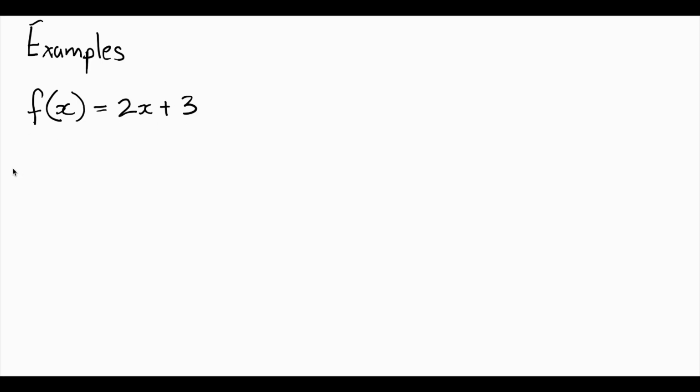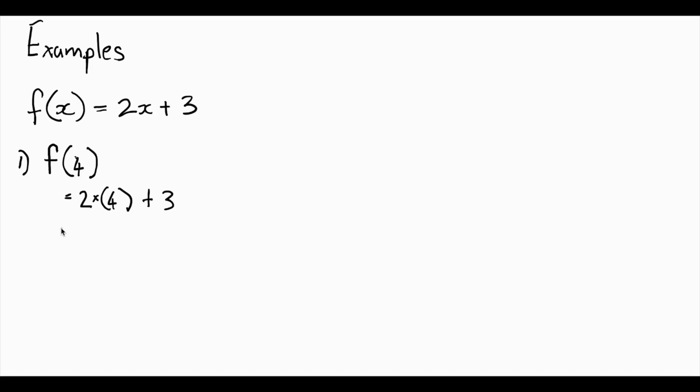The first thing, I want to figure out what the answer would be if my input was 4. If my input is 4, I have to insert it into this formula. Wherever I see the value of x, I will substitute it with 4. So 2 must be multiplied by 4, because 2x means 2 times 4, and then I add 3 to that.